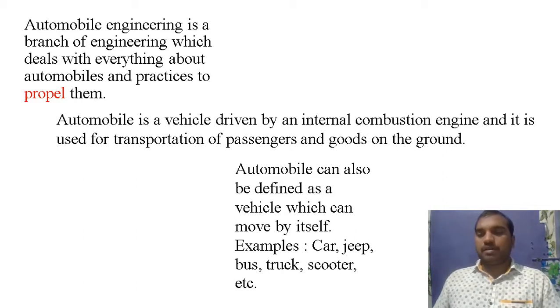With the help of the motive power, which is generated by the internal combustion engine. After generating, the power should be transmitted to the rear wheels. How is it happening? With the help of the transmission system. So a vehicle which has its own motive power to run by itself is known as an automobile. Examples are car, jeep, bus, truck, scooter, etc.